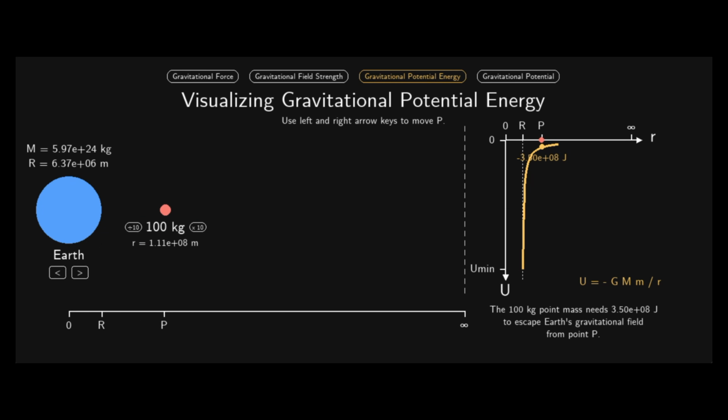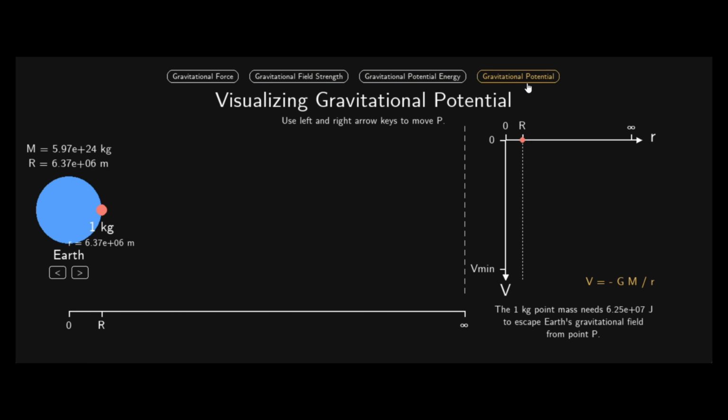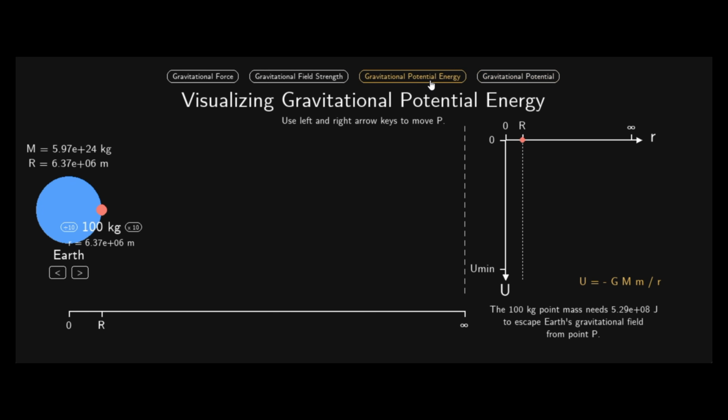So for potential energy and gravitational potential, you see for both that the graph is upside down. This can be a confusing concept for students. I know it's in the equation, but the idea of negative energy is a little interesting. Basically, as you see in the description below here, there's a certain amount of energy at each point P that the point mass needs to completely escape the Earth's gravitational field.